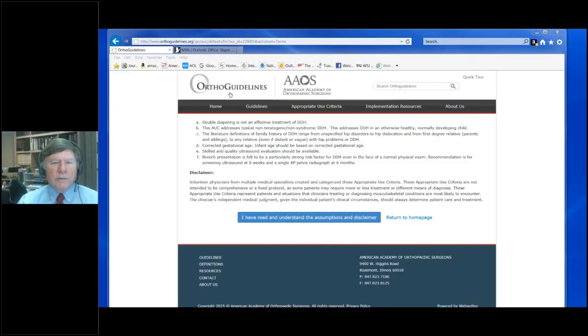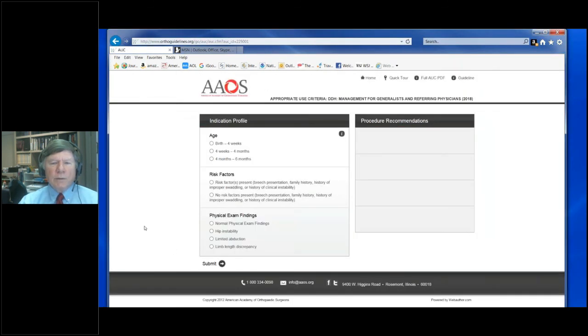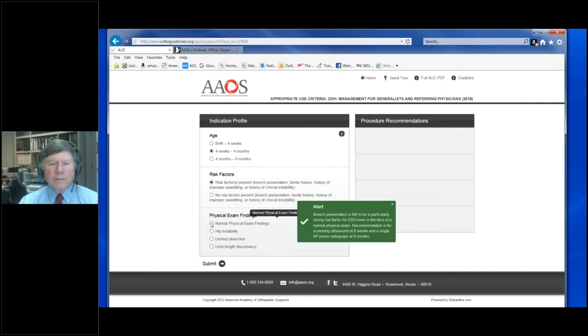So now we've gone to the website for the American Academy of Orthopedic Surgeons. For these appropriate use criteria, you have to check that you've read and understand the assumptions and disclaimer. That'll take you to the appropriate use criteria. So let's suppose that you have a 4-week to 4-month-old infant, and risk factors are present, and the exam is normal.